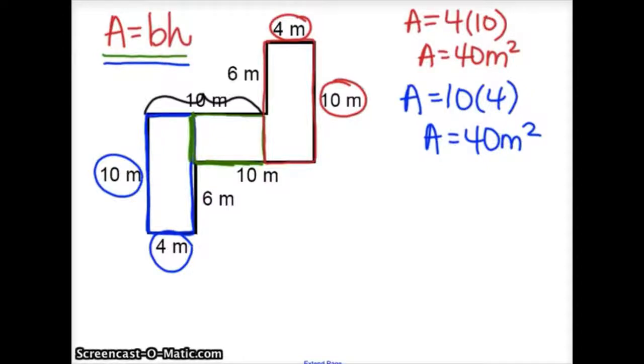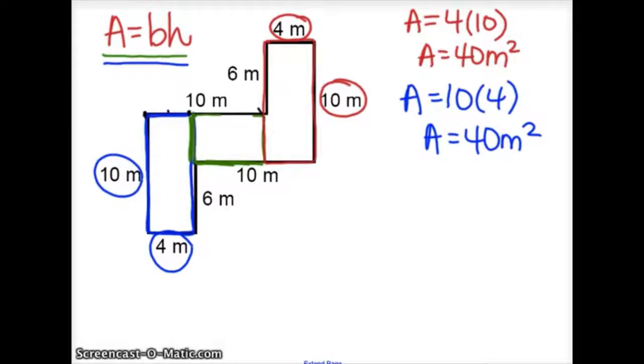Well, I know that part of that side is 4. Part of that side, right, from here to here is 4. So I need to now figure out from here to here how much is that. And what I do is take the whole side minus what I know, which is the 4, and I get 6. So this side length right here is 6.